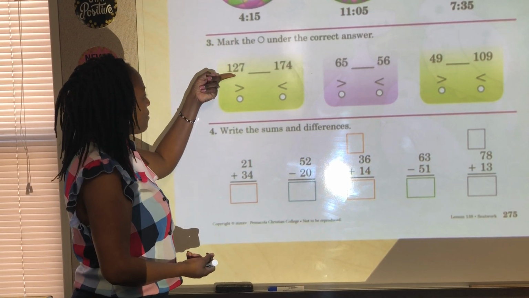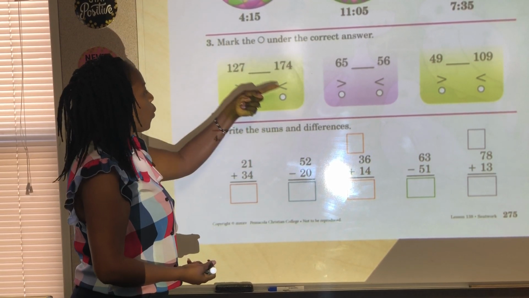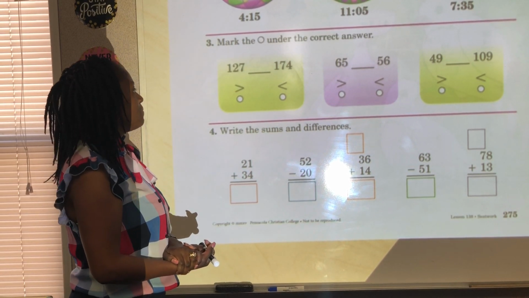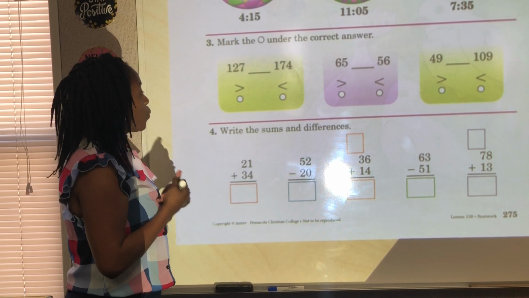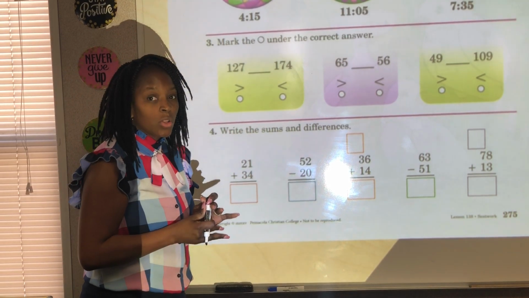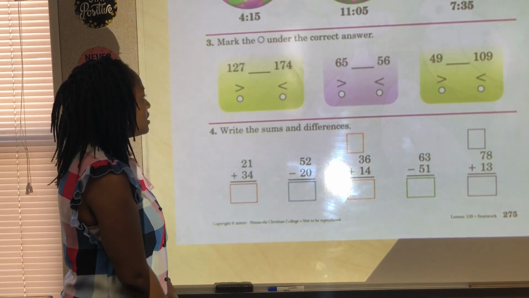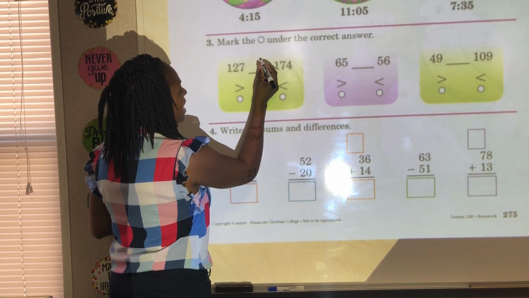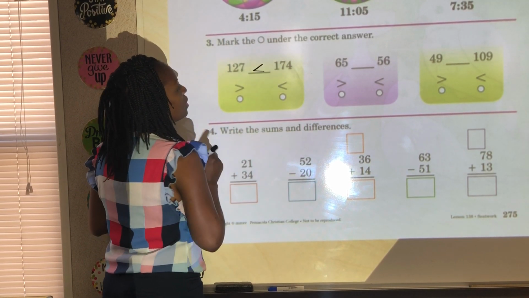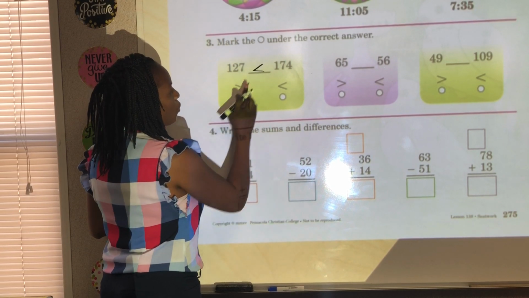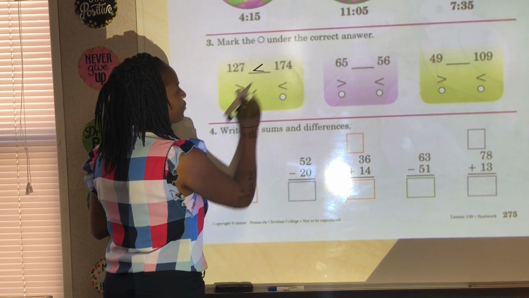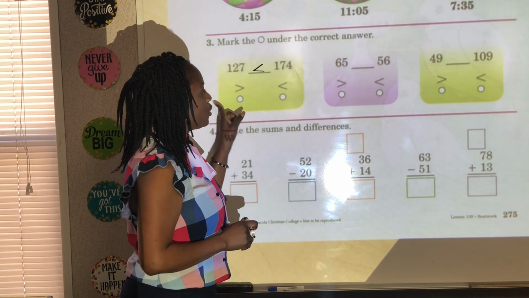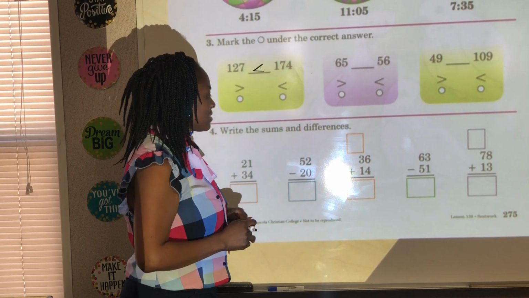Is 127 greater than or less than 174? 127 is smaller than 174, so therefore 127 is less than 174. Remember, the open side of the symbol faces the greatest number, and you will complete the rest like that.